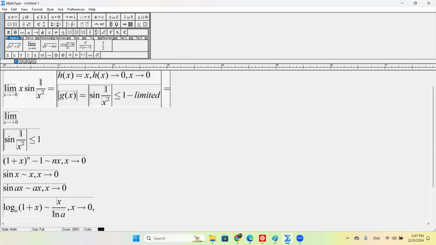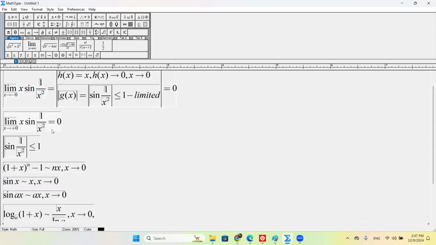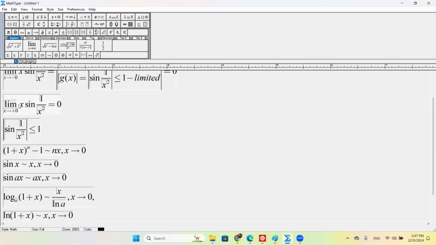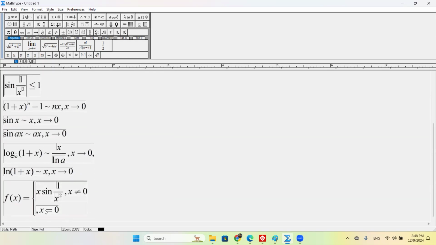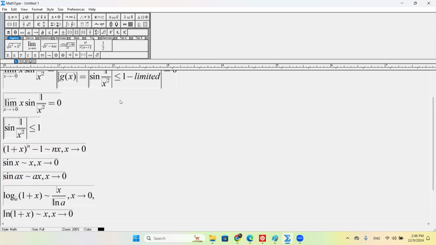So it means that this limit equals 0, and that's it. So how to define this function? We just set 0, so it has value of 0 at point 0.